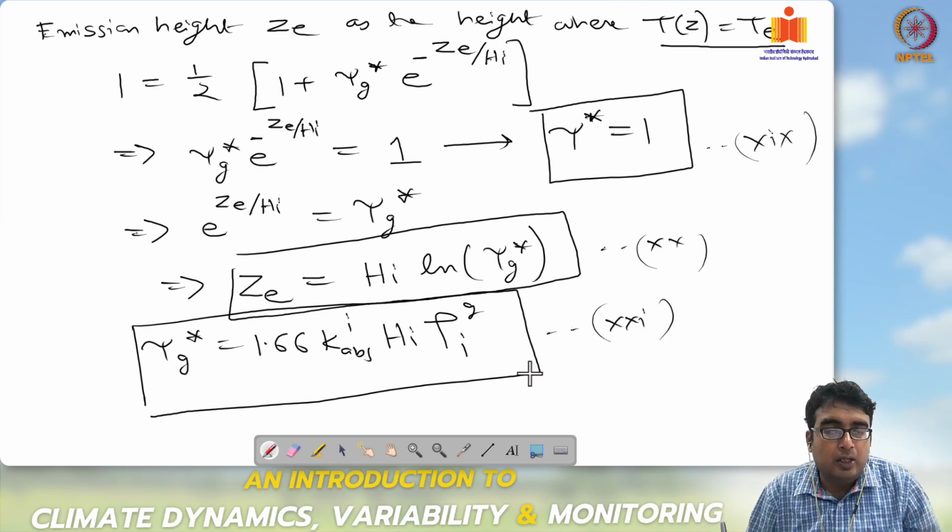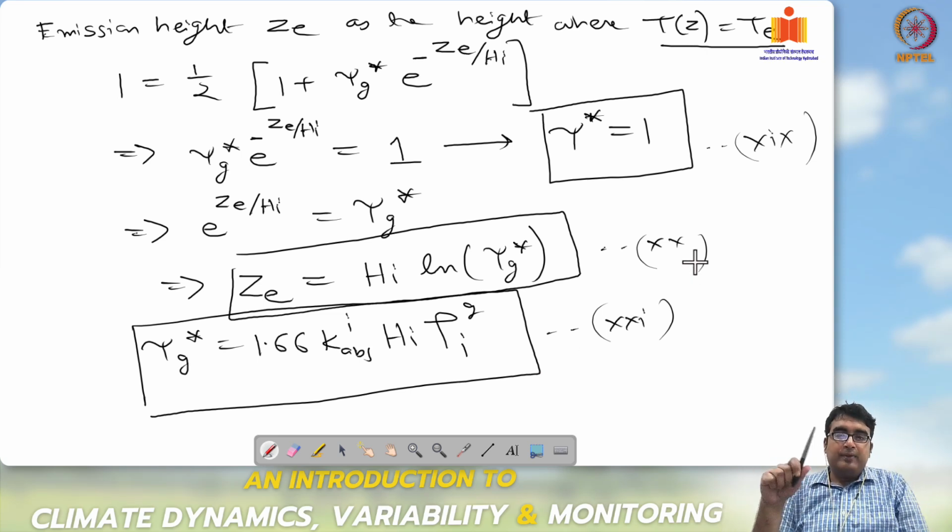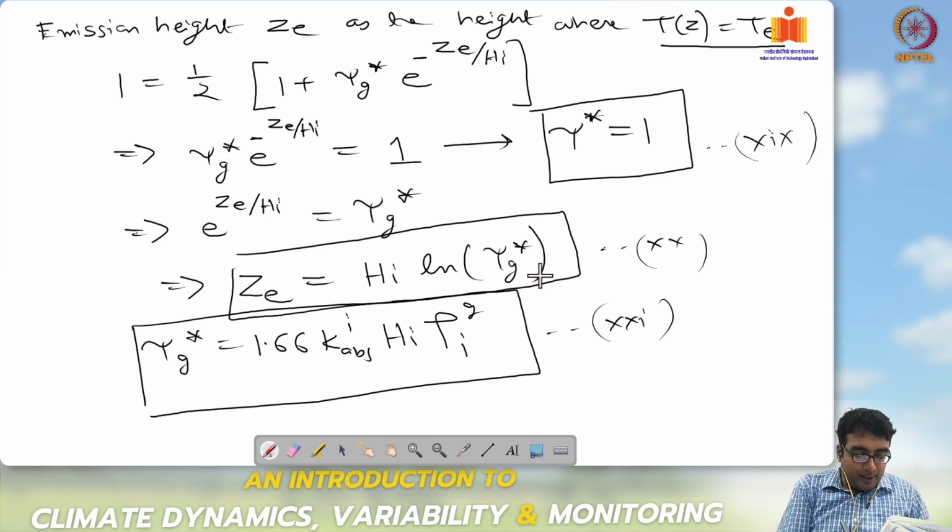Clearly, firstly, the atmosphere will have a temperature equal to the black body emission temperature where the scaled or modified optical depth equals 1, and the corresponding emission height, the altitude ZE, is given by the scale height of the absorbing species times log of the modified optical depth at the ground.